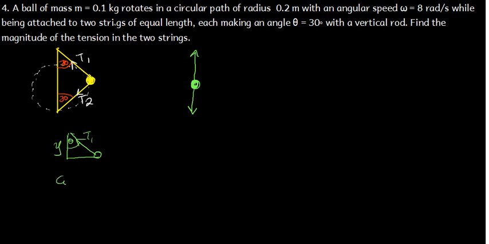Cos theta is equal to adjacent over hypotenuse. The adjacent is y, the hypotenuse is T1. That means y is equal to T1 cos theta. So this is going to be T1 cos theta for ball 1.